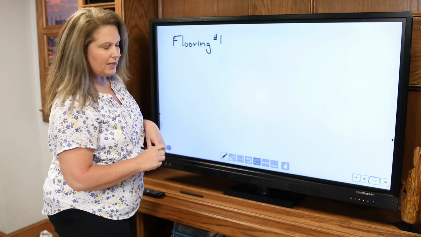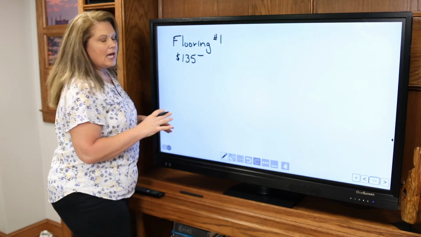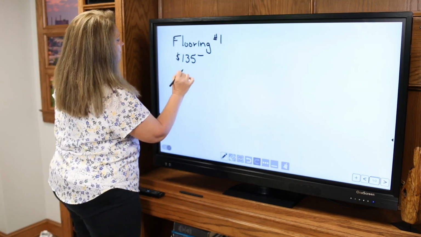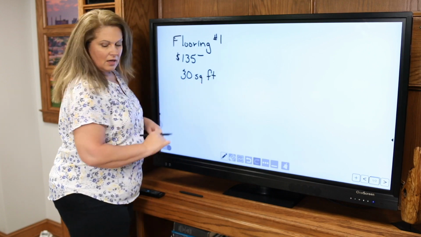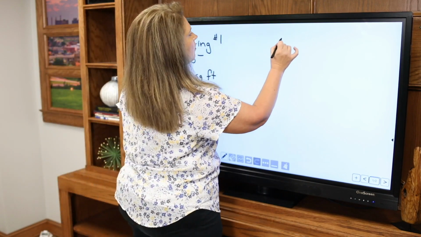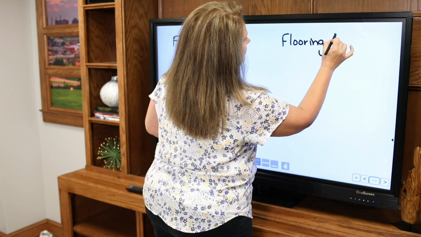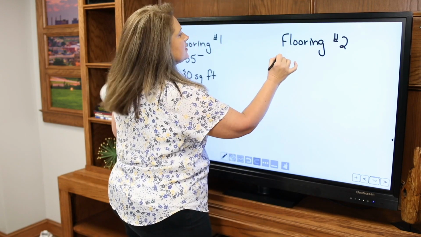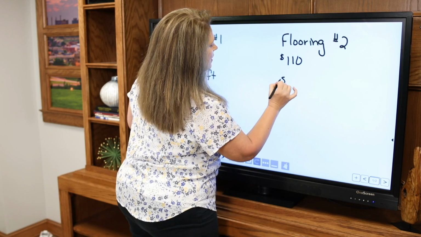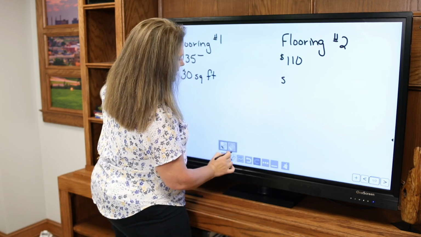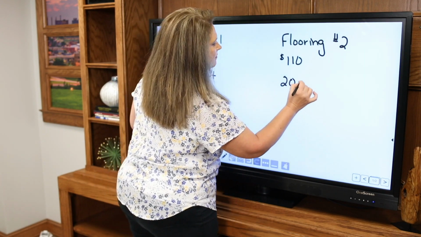But I do need the information that it's going to cost me $135, and that's going to give me 30 square feet. And the second flooring is going to cost me $110, and it's only going to give me 20 square feet.